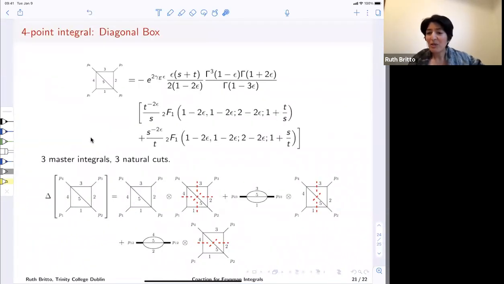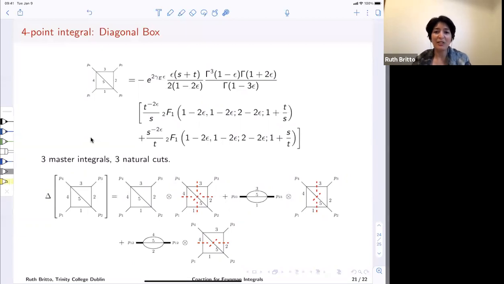One more example that we've worked out is this diagonal box. Here we have two 2F1s, but they are related. So you get a space of 3 master integrals, as shown here: the original topology and 2 contractions.